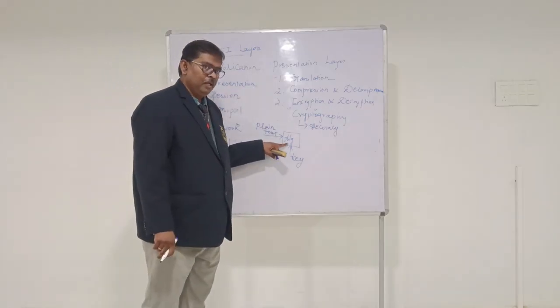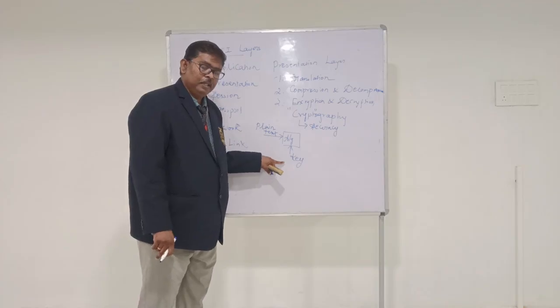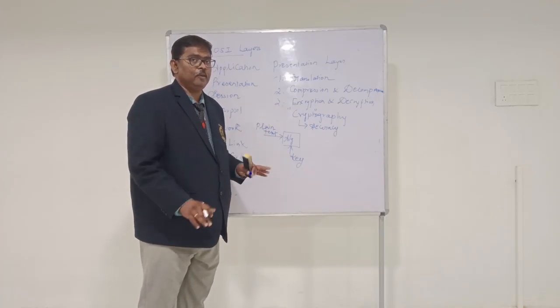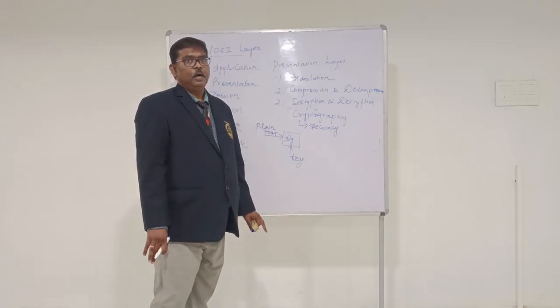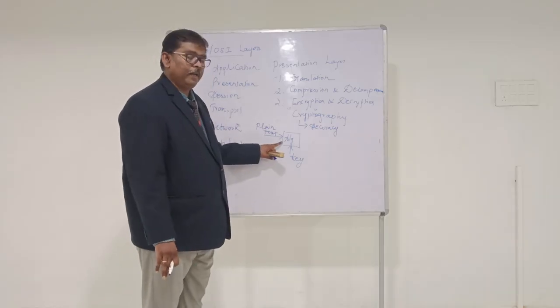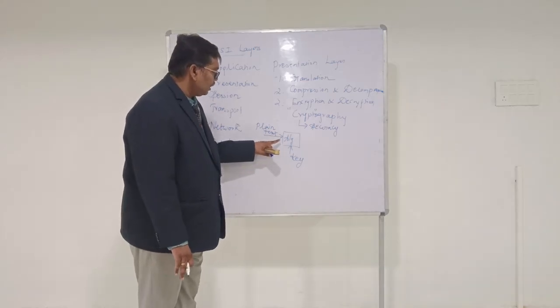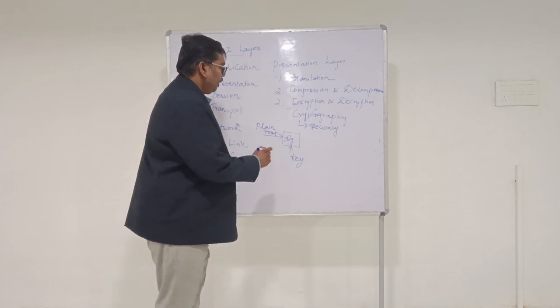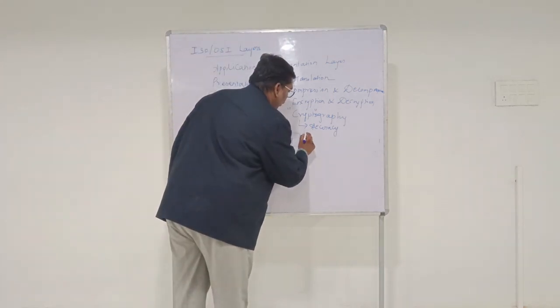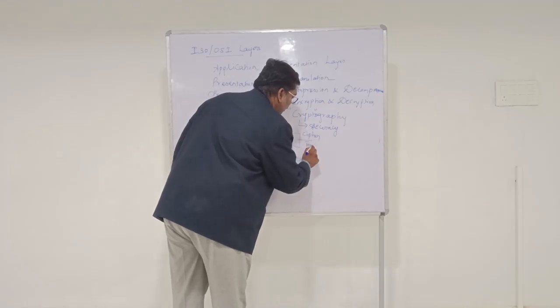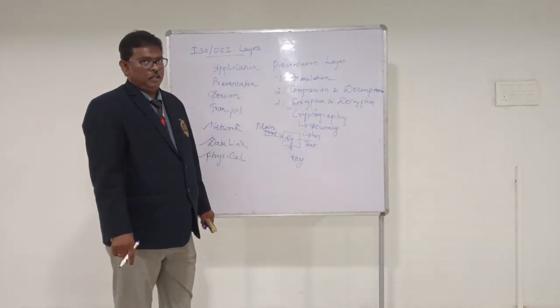There are various classical algorithms and also extended, complicated encryption algorithms available. Using this algorithm and key, my plain text will be converted into encrypted text. Another name for the encrypted text is ciphertext.